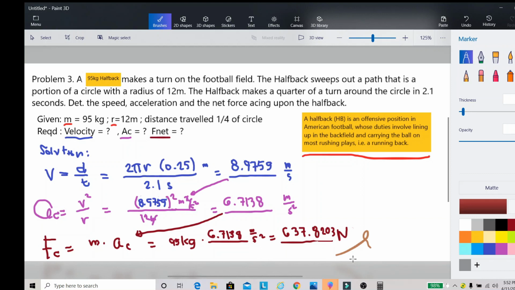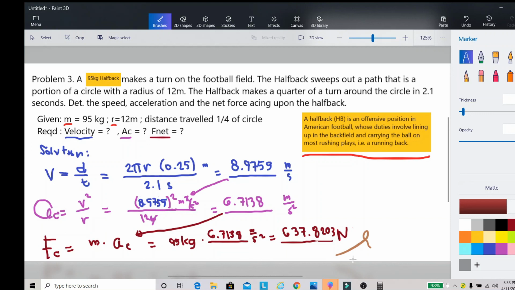Okay, I have shown you how to solve simple problems in uniform circular motion. We have another types of problem here, but I prepare to cut this video for ease of uploading.